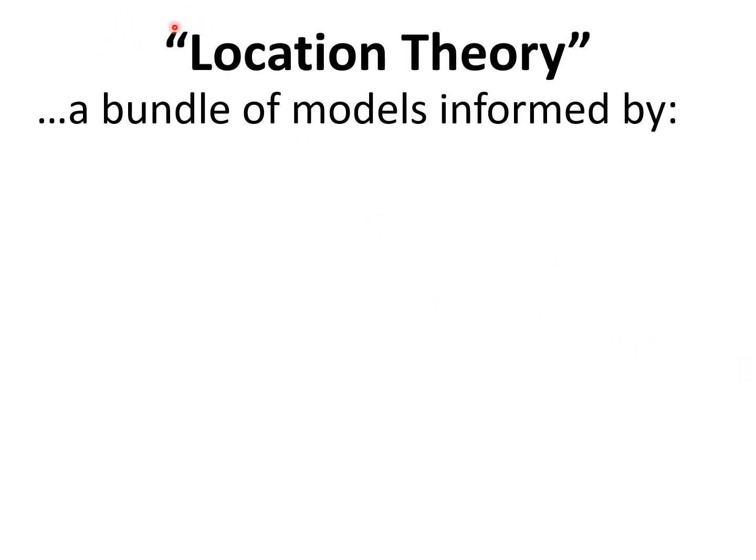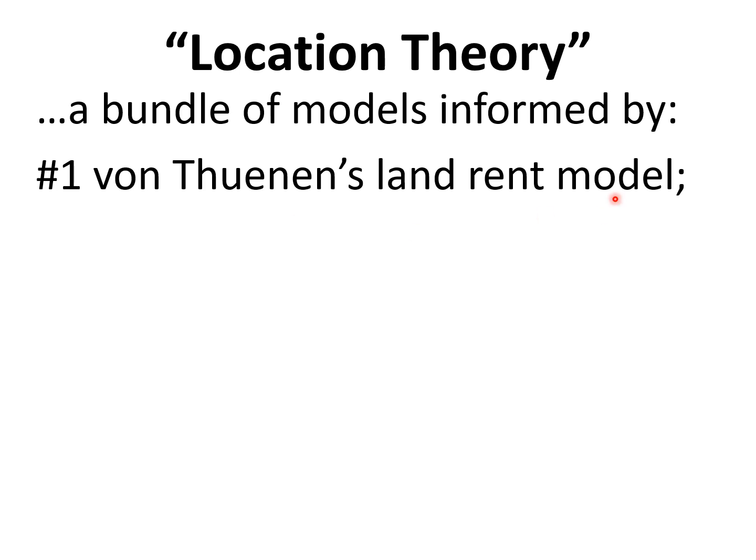You'll notice up here I put location theory in quotation marks, to help you remember that this is a particular definition of location theory that has existed for quite a while, and it contains at its base von Thunen's land rent model, right? That was the agricultural model we looked at, which generates a landscape with concentric rings.